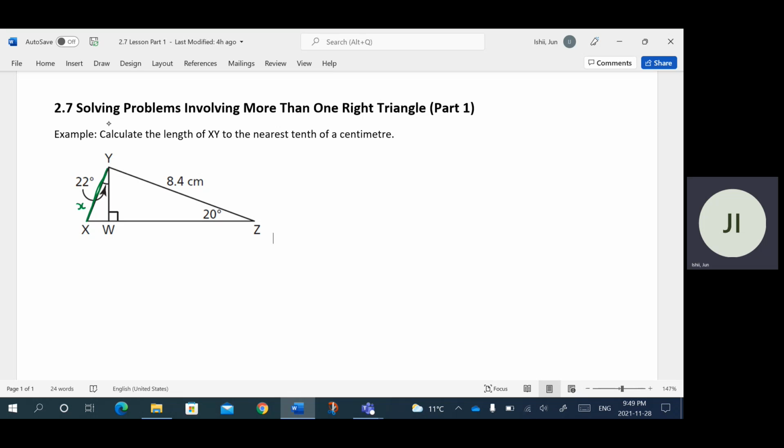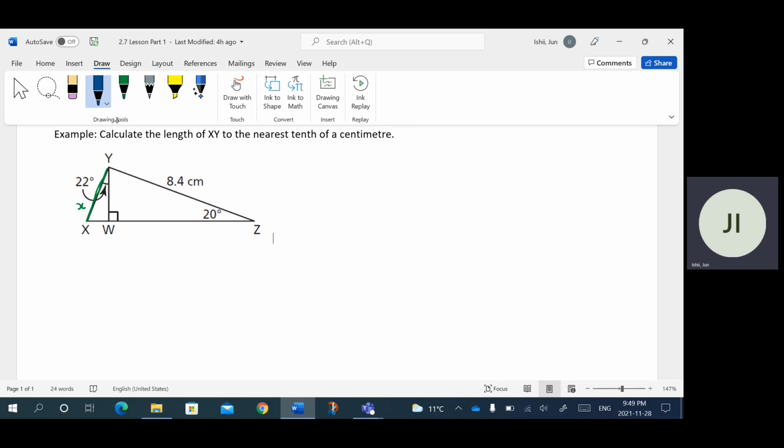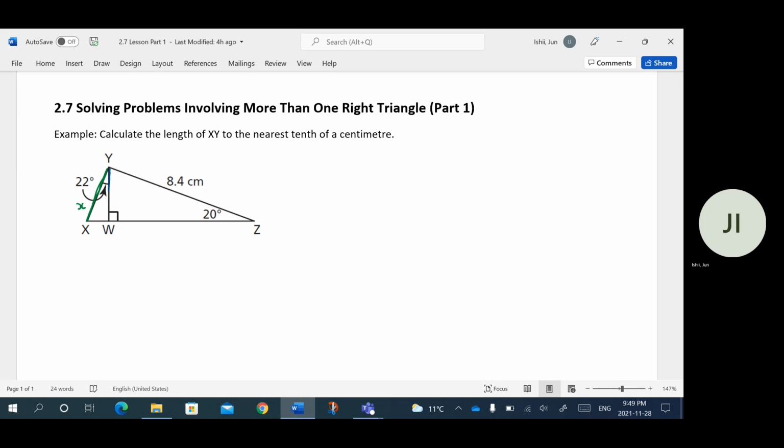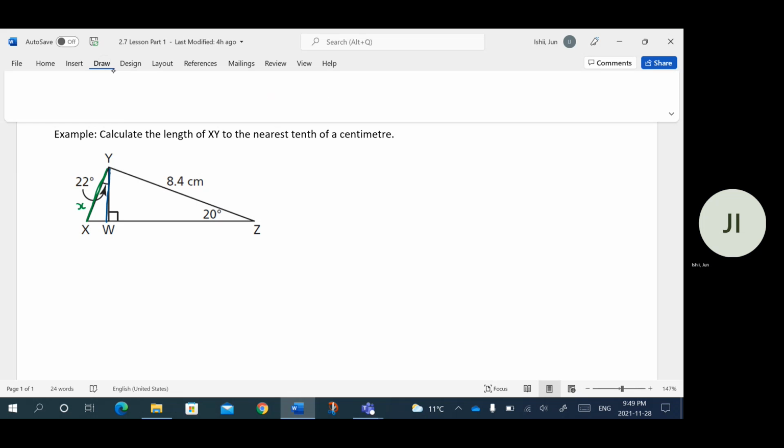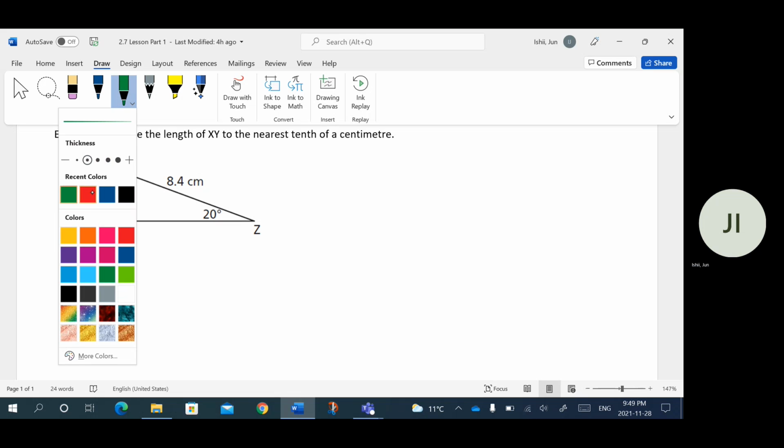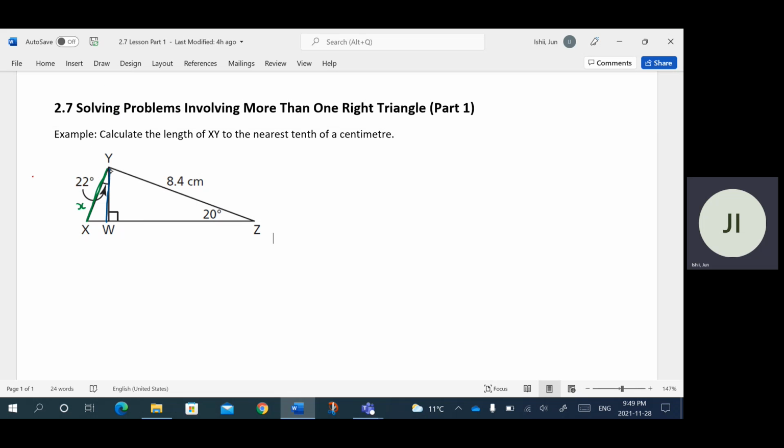But what you do notice is that it does share this side here with the other right triangle. So if I can find the length of this red side here, then I'll have another piece of information for the smaller triangle, and then I should be able to find the length of x.